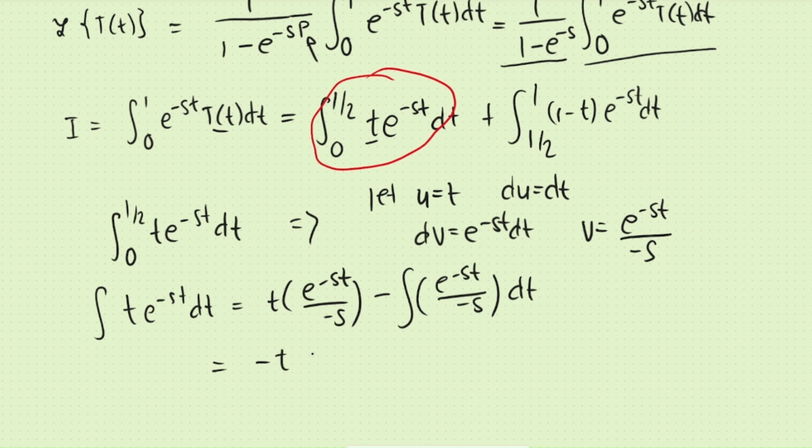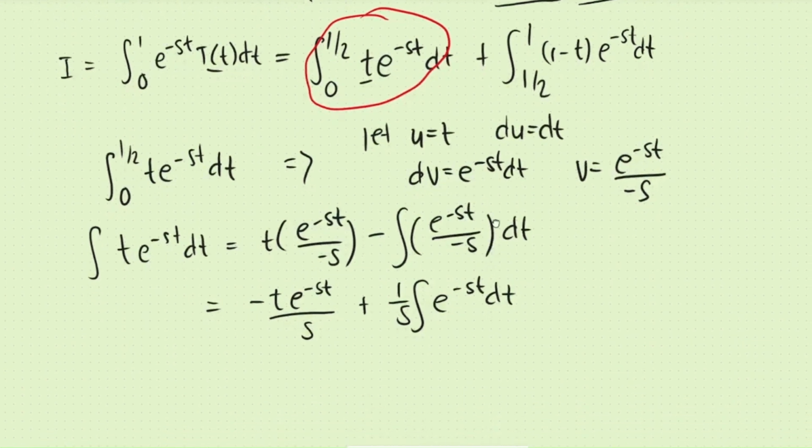So we can actually make this look like this. Our negative is in here now: negative t e to the negative st over s, and negative times negative, bring the s out of the integral. Negative times negative 1 over s is just positive 1 over s, integral of e to the negative st dt.